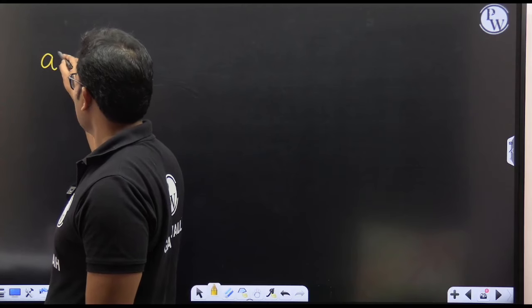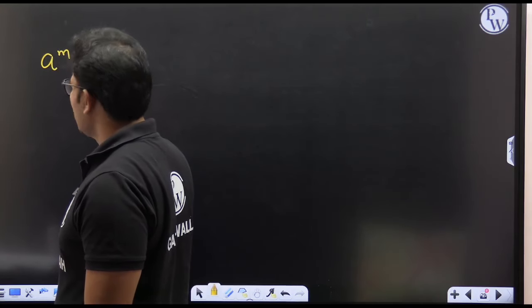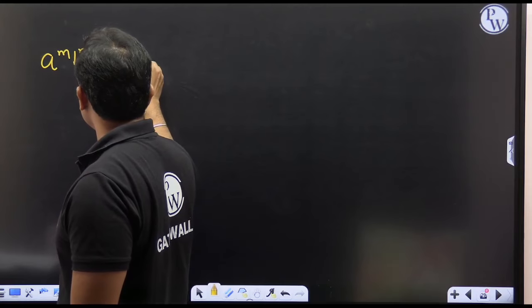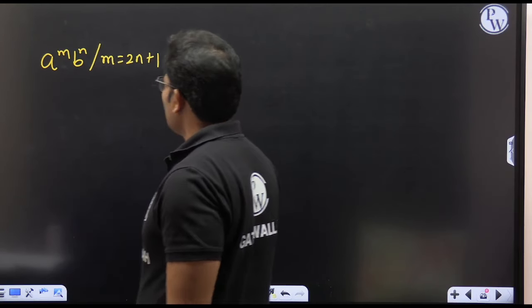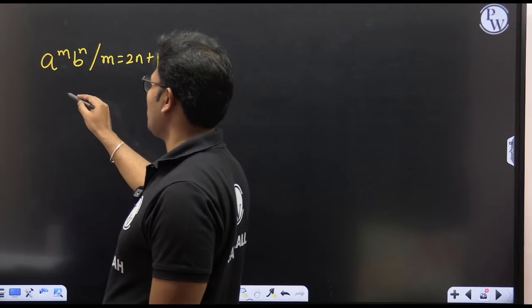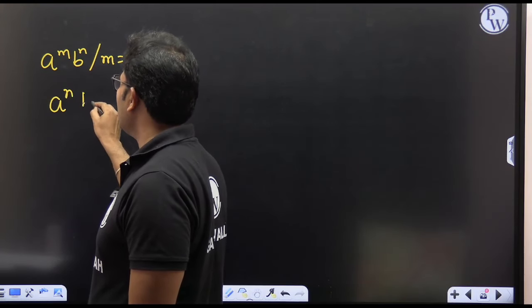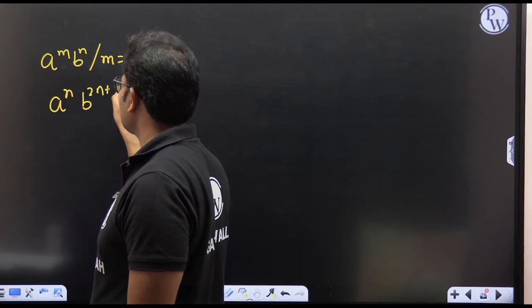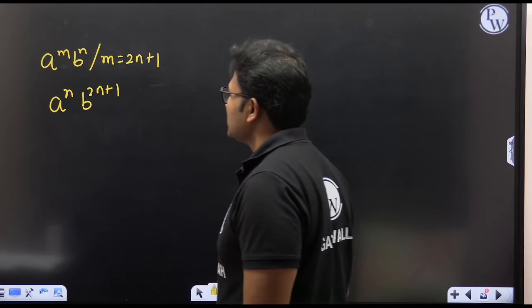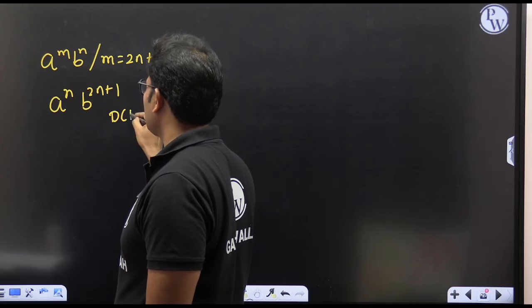A power m, b power n, such that m equals 2n plus 1. We have done this model in pushdown automata. If you remember, I did a power n b power 2n plus 1. Therefore, this is a deterministic context-free language.